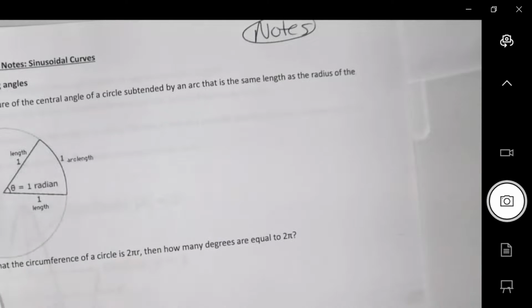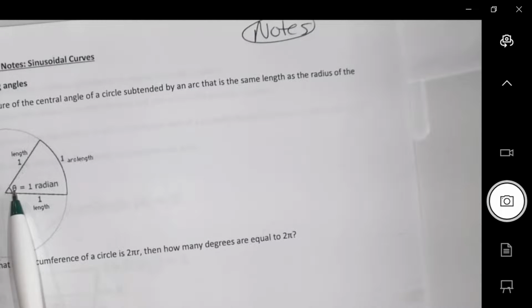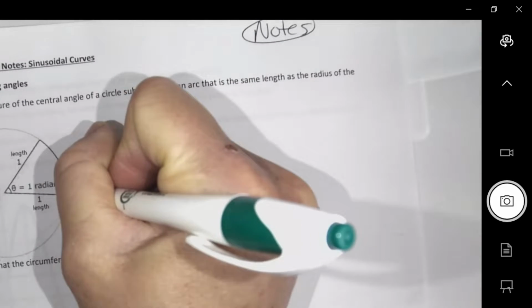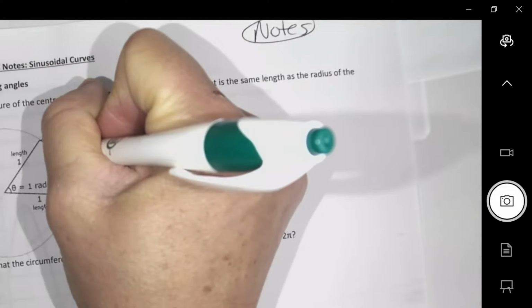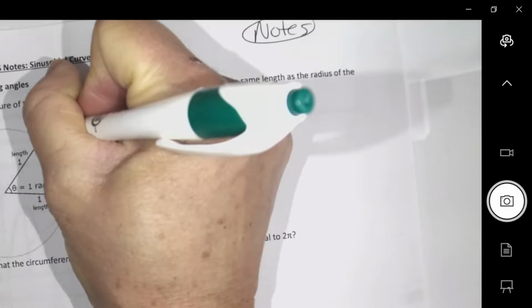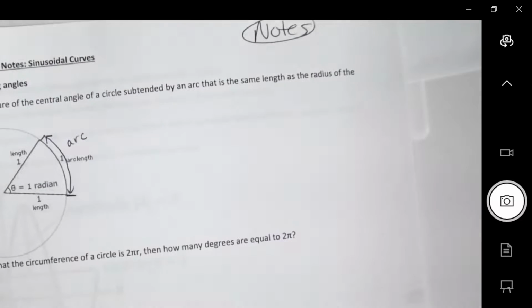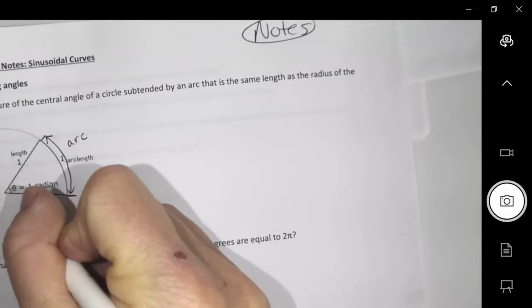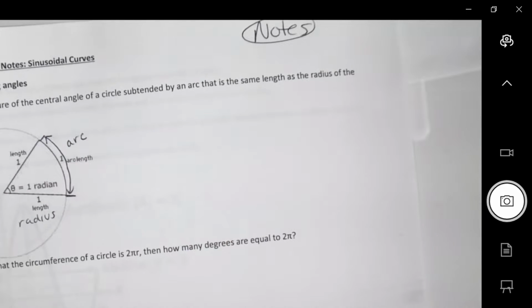Okay, so this is what a radian is. A radian is considered 1 radian once the amount of exterior, which is called the arc, once that distance is the same as the radius, then that's the 1 radian measurement.